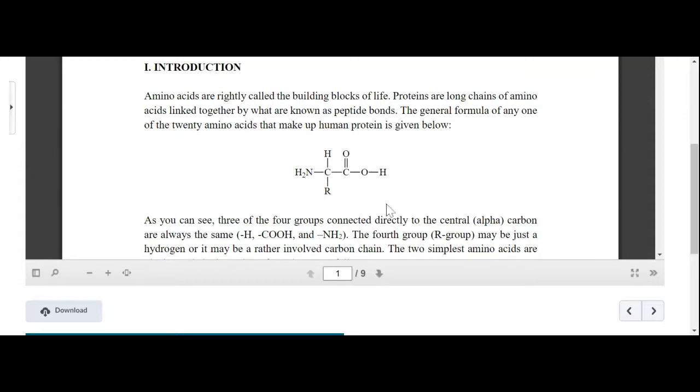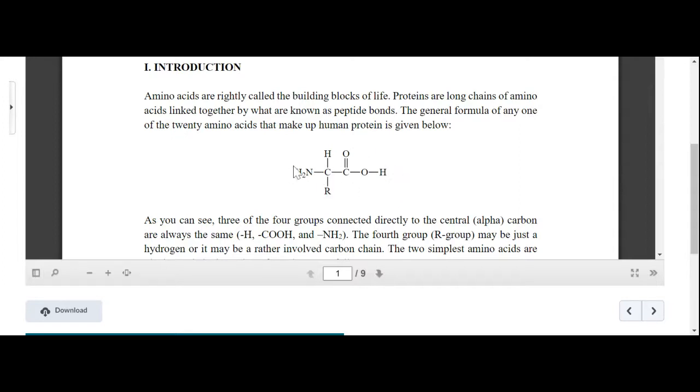The amino acid functional group. There's one common structure for the amino acids. You have a carbon that carries a COOH group. That's the acid part, the functional group for the acid.